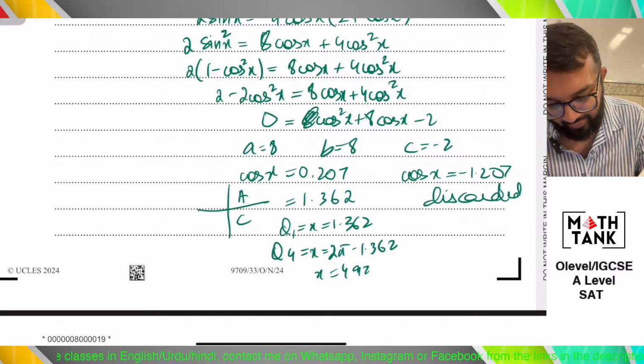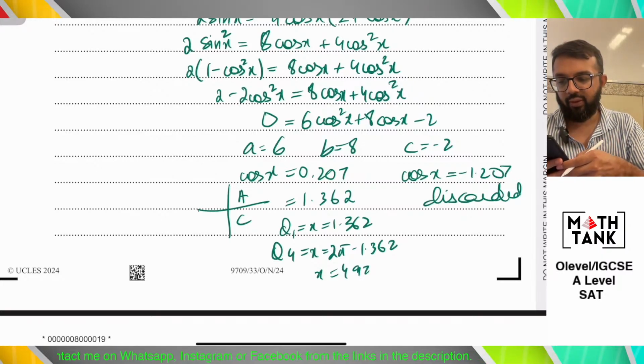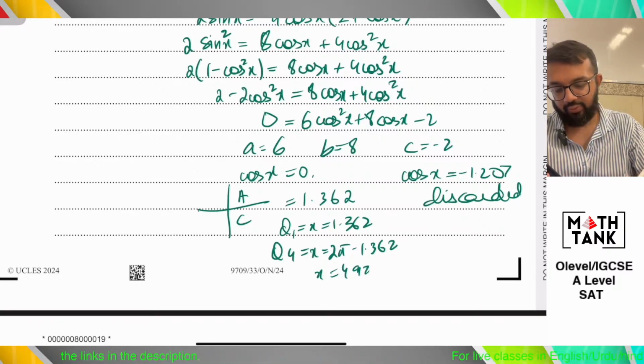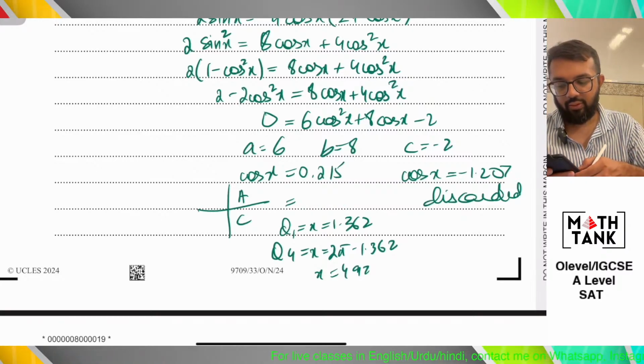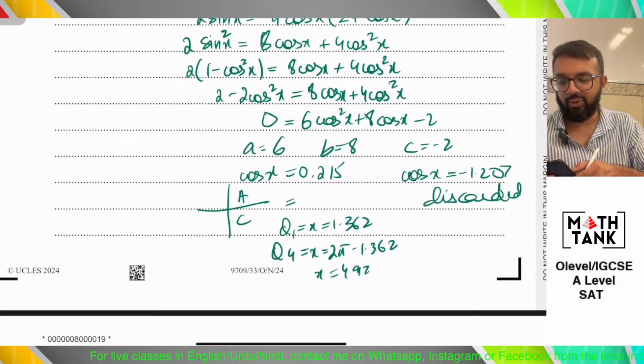Okay, this is the mistake. This is 6, not 8. Yep. There were earlier mistakes. So it's not just a rounding off error.